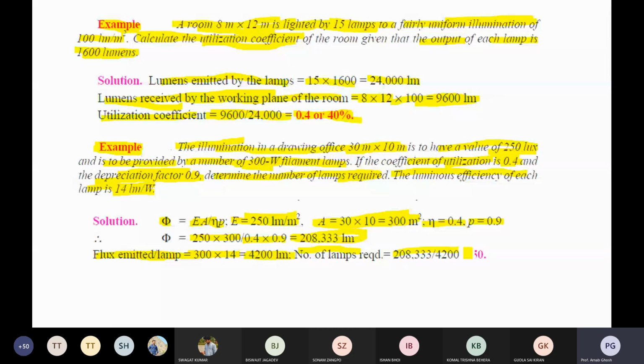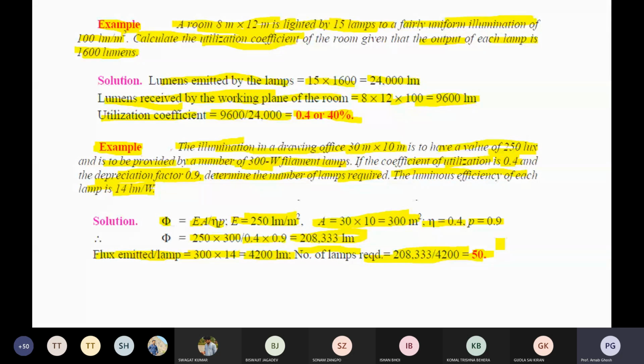So here is another example problem. You have to calculate the total saving in electrical load and the percentage increase of illumination if, instead of using twelve 150 watt tungsten filament lamps, we use twelve 80 watt fluorescent tubes.